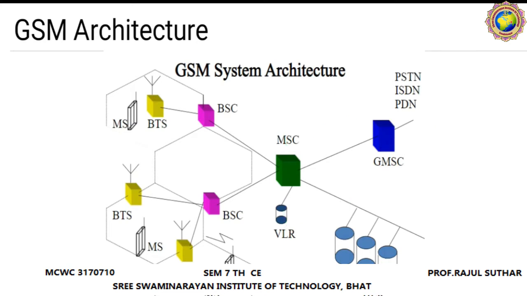So let us move on to the next point, EIR. EIR is nothing but the equipment identity register. The equipment identity register is a database that contains the list of valid mobile equipment on the network, where each mobile station is identified by its international mobile equipment identity.